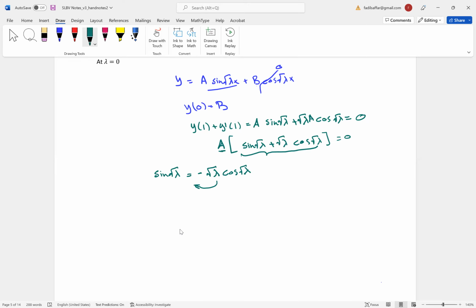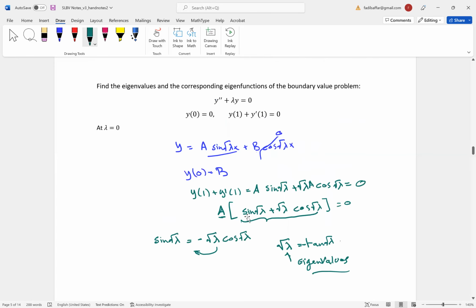And if we want to find lambda, this is what equals negative tan square root of lambda. The solution of this equation will give us the eigenvalues, and usually these kinds of equations can be solved numerically. So these are two examples that we did so far.